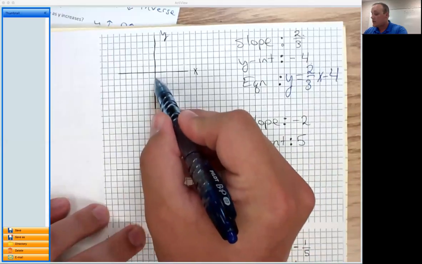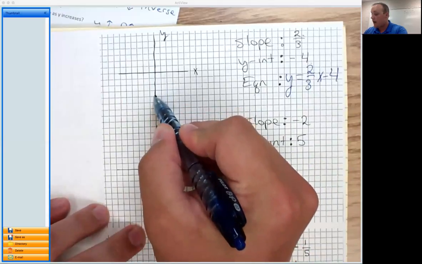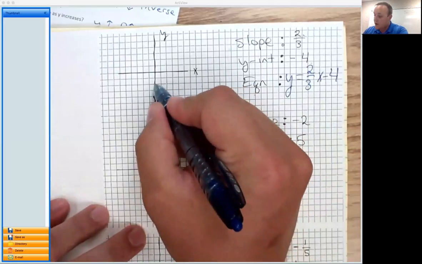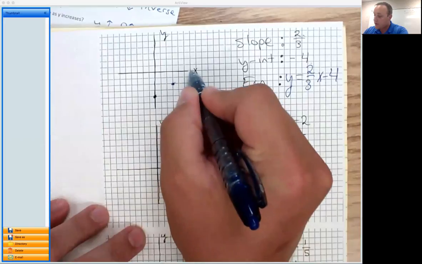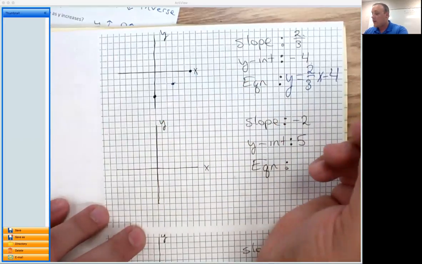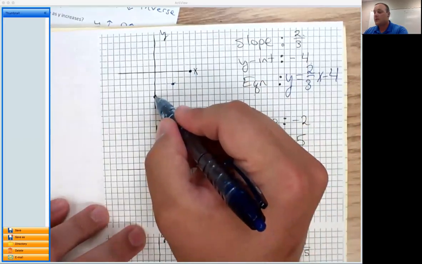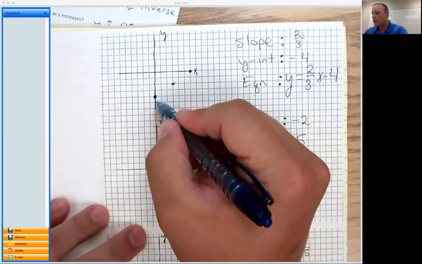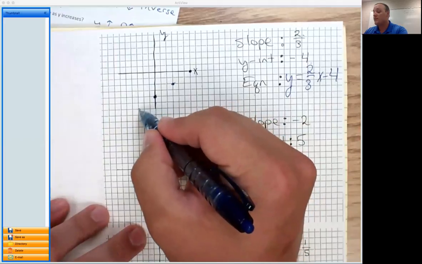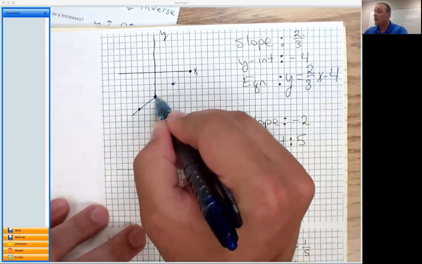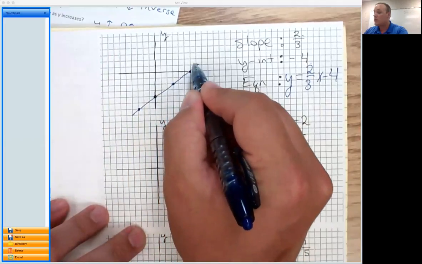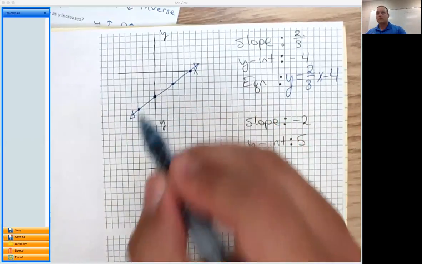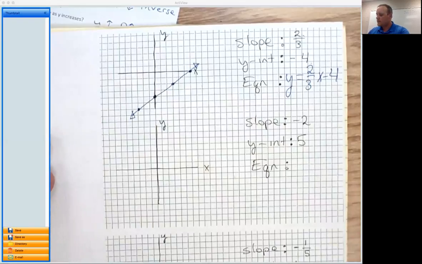So I go down 4, and my slope is up 2 over 3. Up 2 over 3. And then I need to reverse, so I go where? Down 2 to the left 3, yes. And I draw my line through my points. All right?